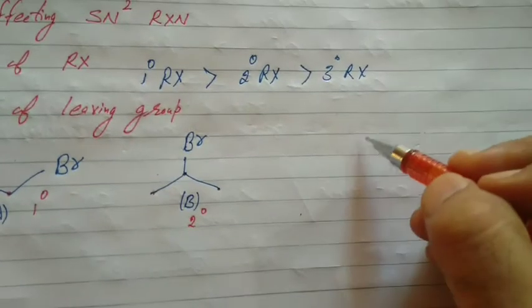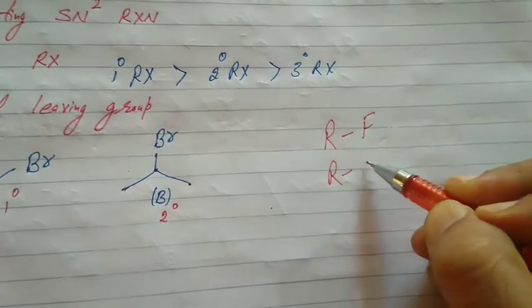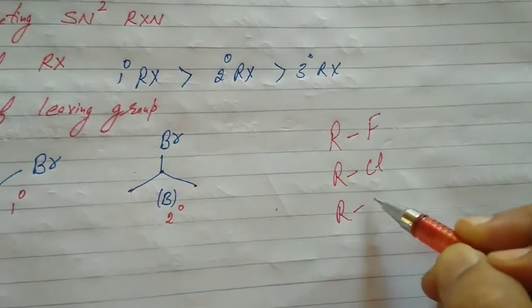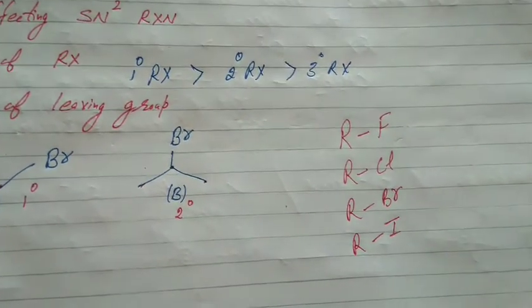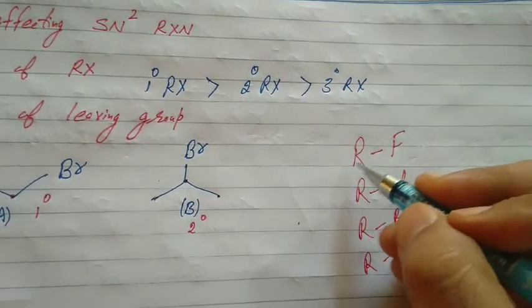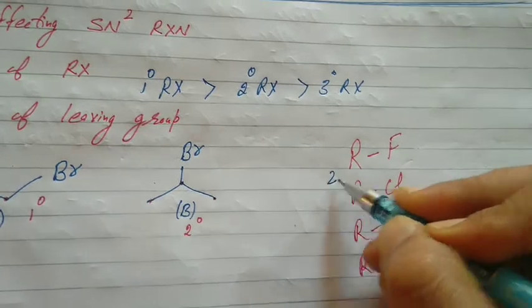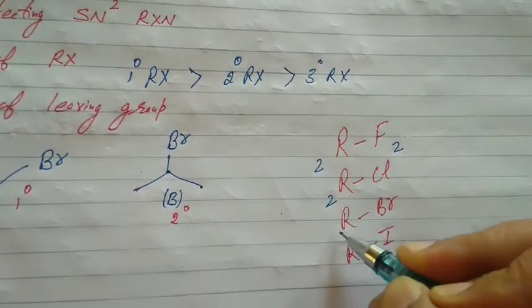Students, in haloalkanes, what happens? It may be alkyl chloride, fluoride, bromide, iodide. Nature of leaving group means size of halogen atom. Students, it's clear. Carbon belongs to the second period, second shell. Fluorine belongs to the second period, second shell. R always remains second shell.